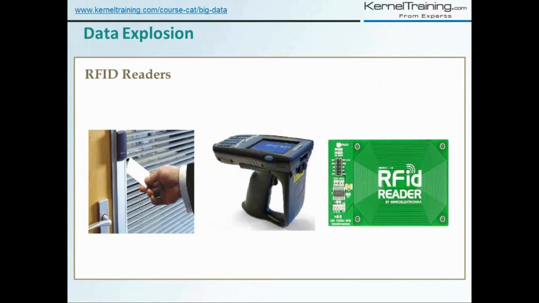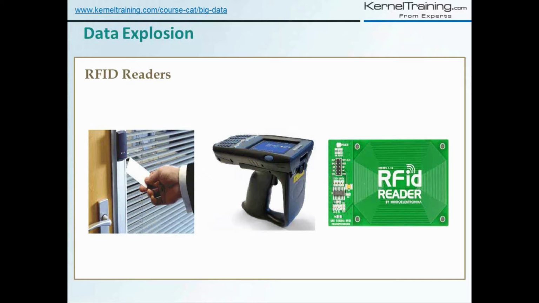Some other examples are RFID readers. If we go to the office, how do we give attendance? If you go to some location, everywhere you are being tracked, from Google, from video cams, from various external sources. All this data will be stored in some digital servers.